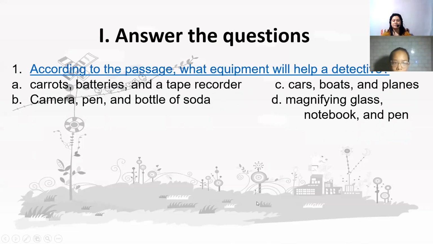Please read your answer. Yes, magnifying glass, notebook, and pen.